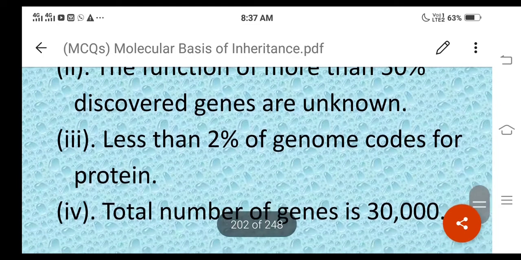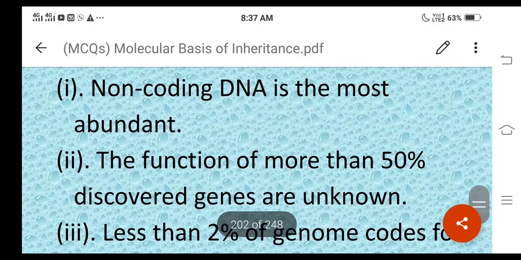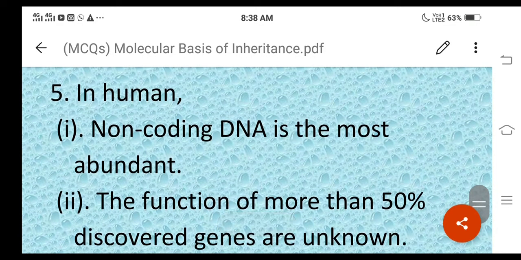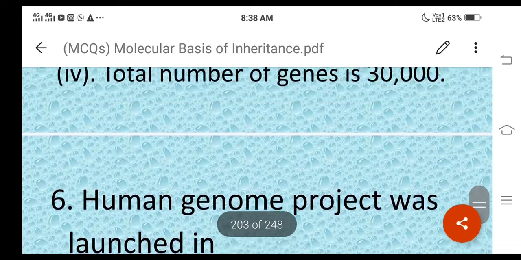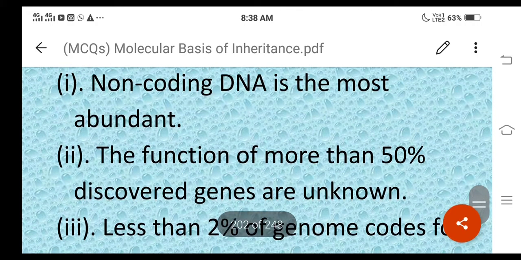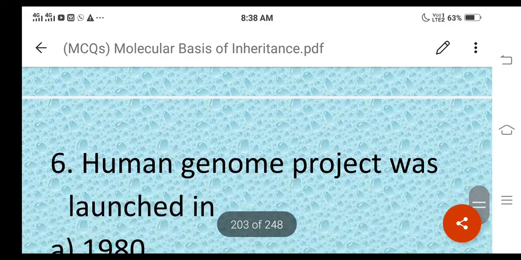Fourth, the total number of genes is approximately 30,000. Here all the statements are correct, and there is no need to mention an option for this one. Consider this as all are correct.